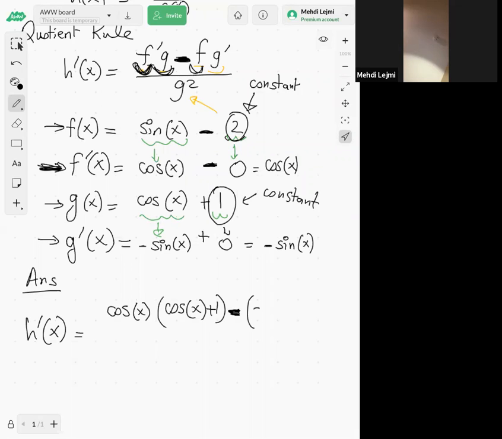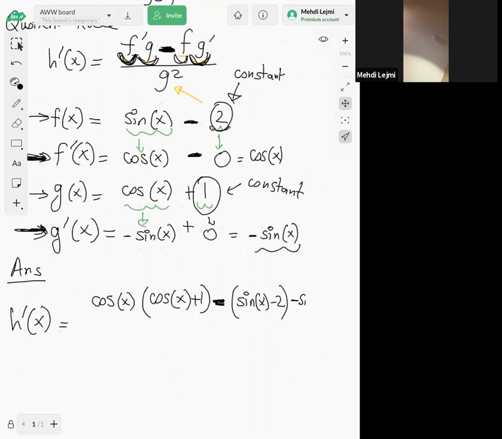So minus sine of x minus 2. And then times g prime. And here's g prime. It's minus sine of x. So here it's minus, so it's minus sine of x. Right? That's my g prime. All right, and then everything, of course, over the g square. So it's over the cosine of x plus 1 square.